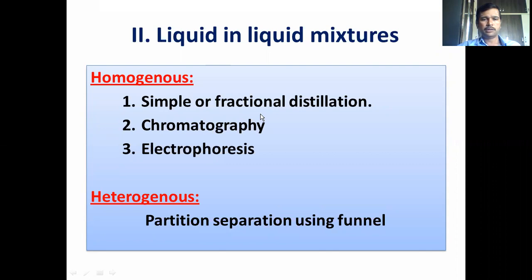And the principle involved in this simple or fractional distillation process remains the same. So based on the boiling points of the compounds which are present in the mixture, they are converted into individual fractions. So at different temperatures, individual components will be converted into individual fractions, and these fractions are related to individual components which are present.